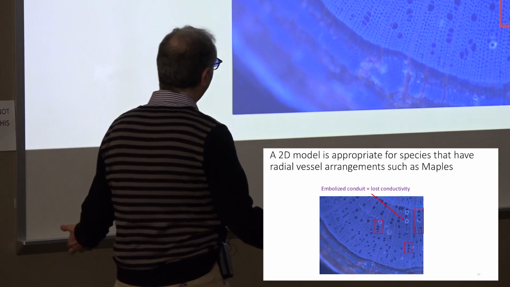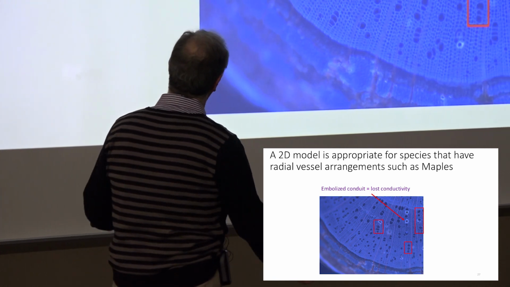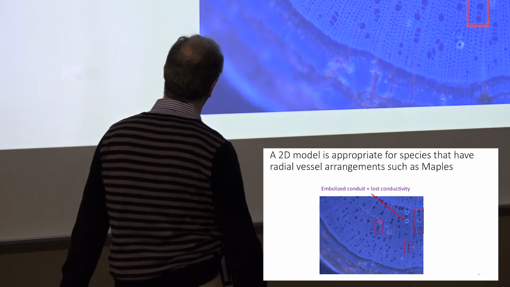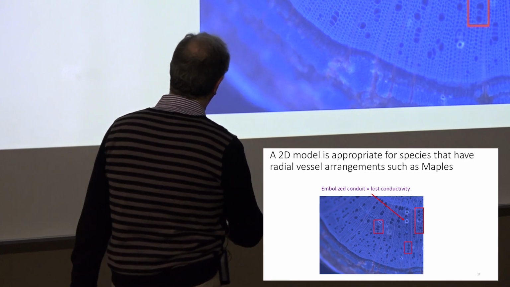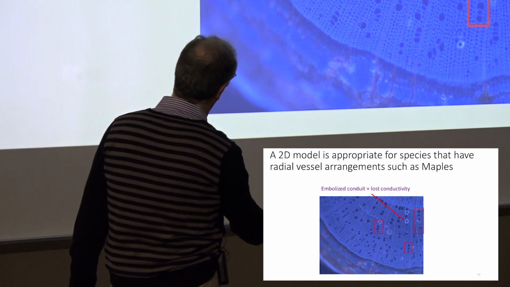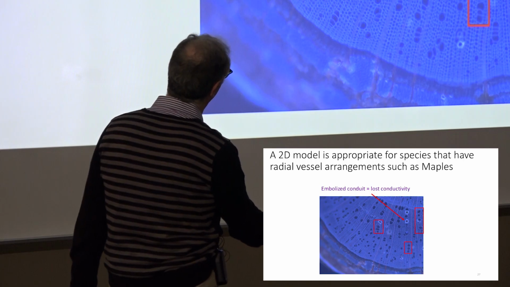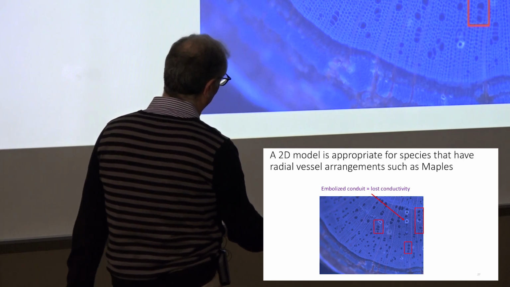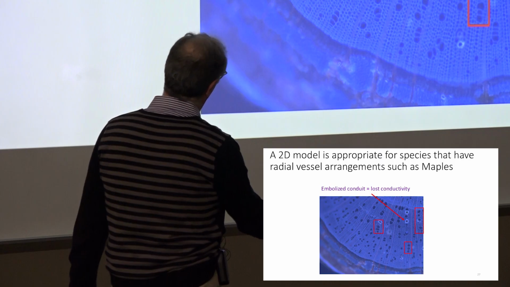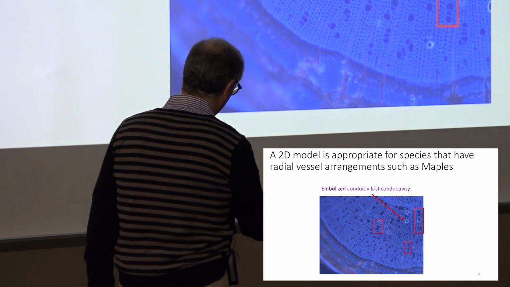So to test these ideas as a network problem, we decided to take a real arrangement of these vessels and tracheids, image them, and try to preserve the length, the diameters, and the connectivity of these pipes, but in 2D, okay? That's a maple species that is amenable to letting us do that.